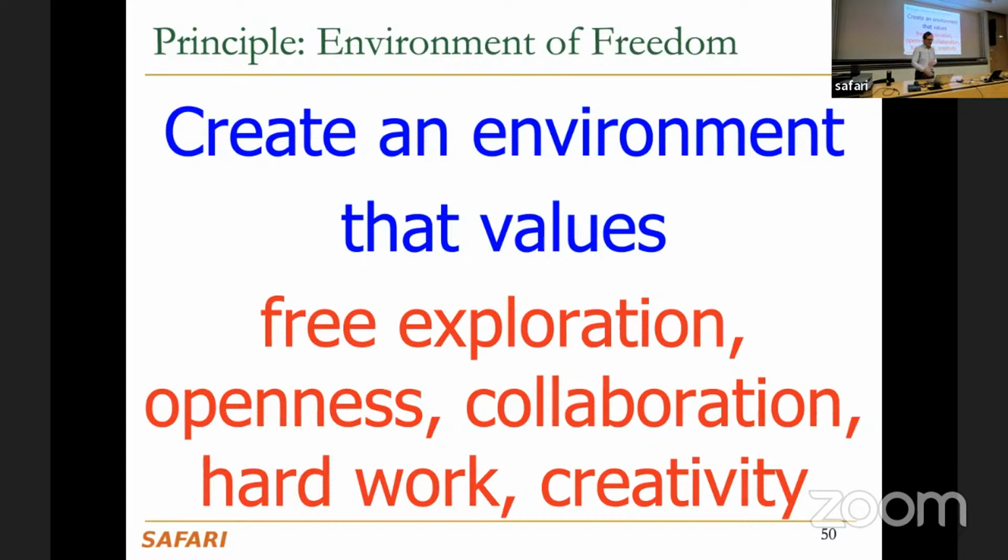Okay, so we value an environment that values free exploration, openness, collaboration, hard work, and creativity. These are things that we do in our group. And I think this course exercises a lot of these aspects, I should say. Basically, this is free over here. You can ask any question related to a paper. It's open. You can collaborate on studying the papers.